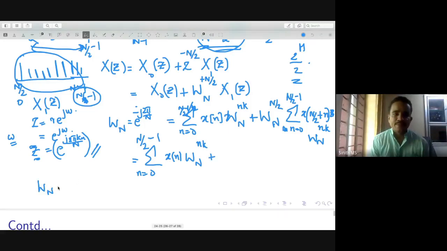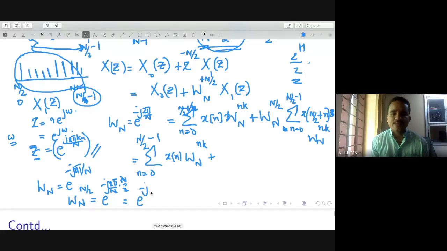Wn is e raised to minus j2 pi by n. So Wn raised to n by 2 will be e raised to minus j2 pi by n into n by 2. So you can see that n cancels, 2 cancels. This is basically e raised to minus j pi, which is cos pi minus j sin pi, right? Which is minus 1. Am I right?